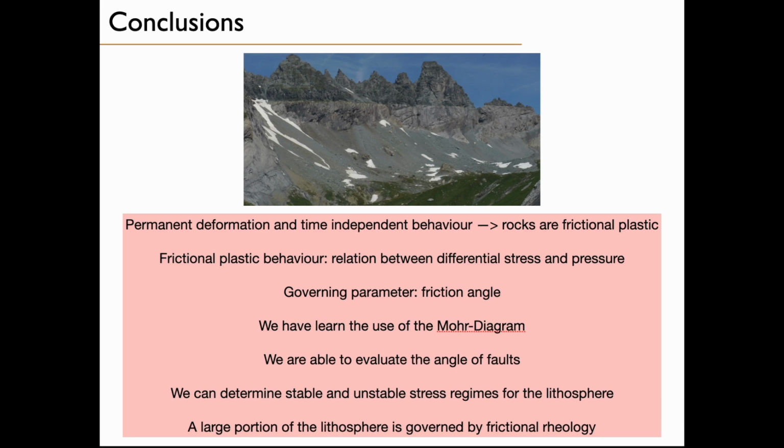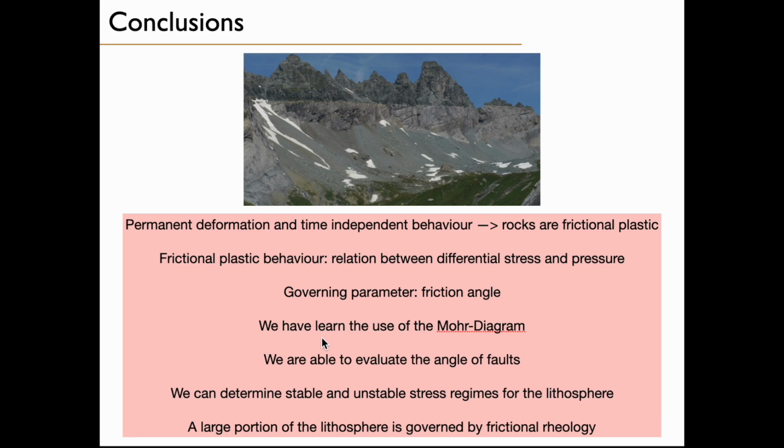So as a conclusion, there are permanent deformations which are time independent, and these are the frictional plastic deformations that are basically manifested by the occurrence of a fault within the crust. They relate the differential stress to the pressure in the frictional plastic regime. The governing parameter is the friction angle.